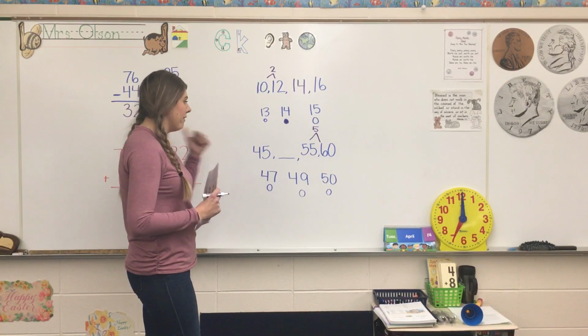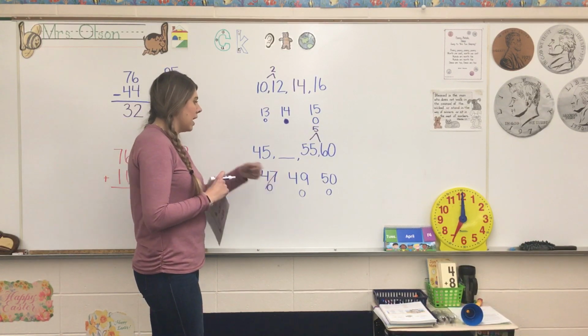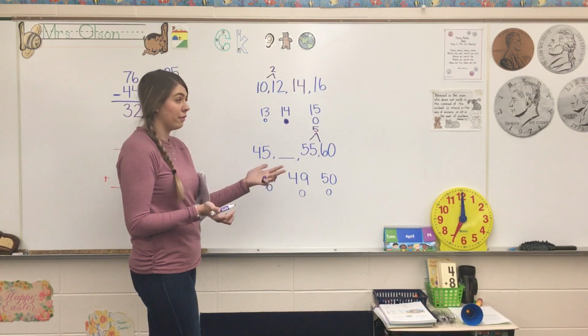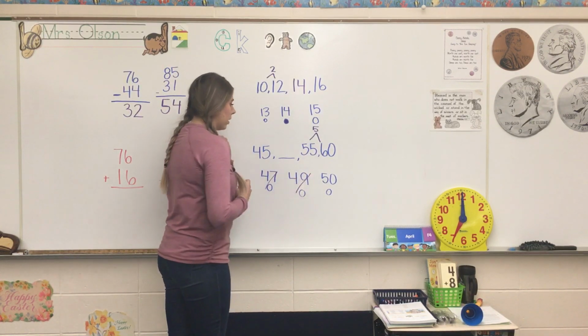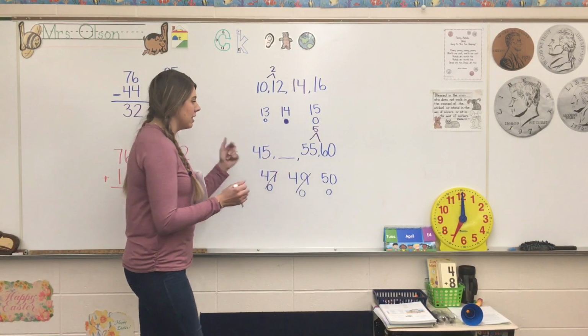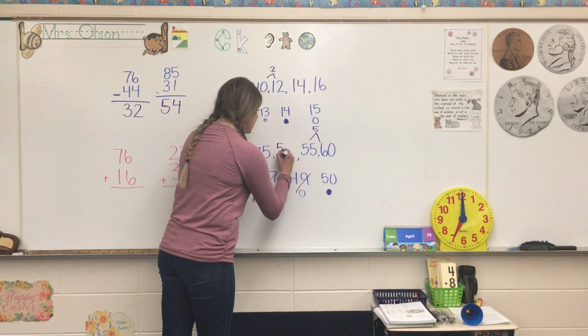So if we count 45, 46, 47, so we know it's not that one. What about 49? If we count 45, 46, 47, 48, 49, well that's only 4 more. So that one won't work. So 45, 46, 47, 48, 49, and 50, that gives us 5 more. So we'll color that one in. And 50 is the missing number.